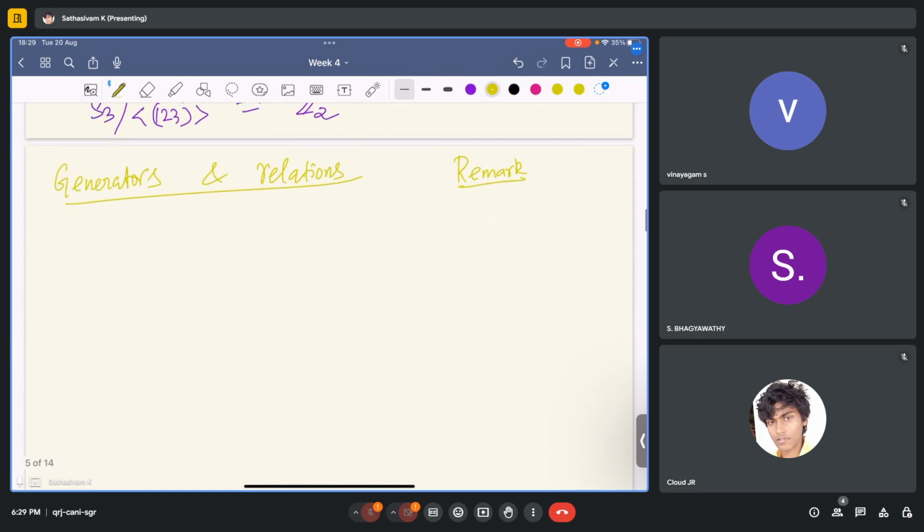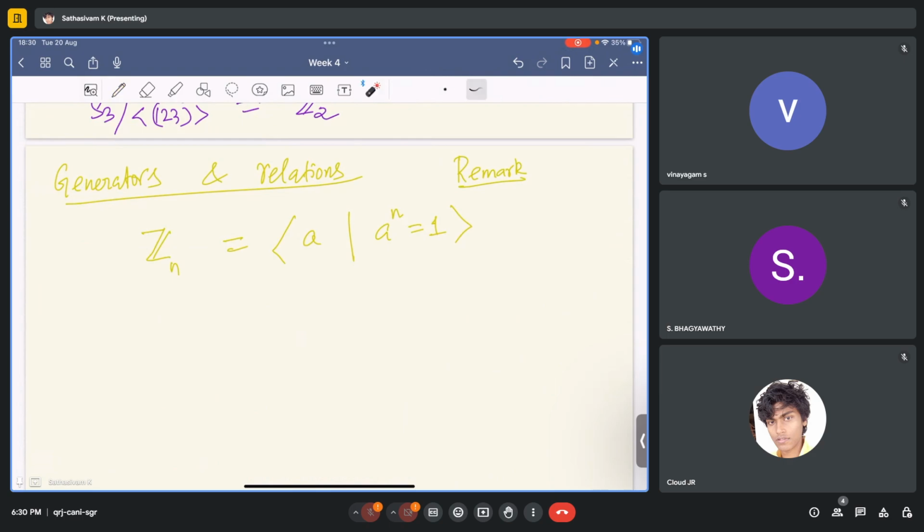Okay. So, for example, if you take the cyclic group Z_n, it is basically isomorphic to the group generated by a symbol A with the property that A to the power n is equal to 1, right?